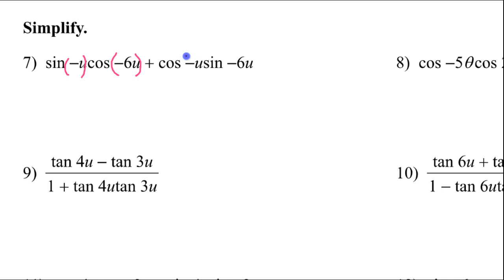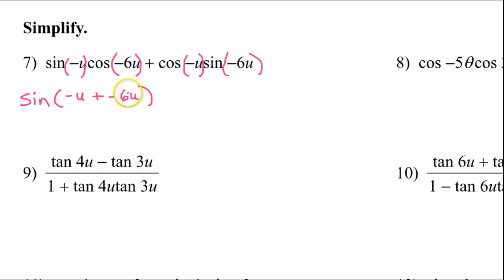And here you can see it repeated again. Alright, here's the first angle, and here is the second angle. So like I said, we should be able to rewrite this as the sine of angle plus angle. So this is negative u plus negative 6u.